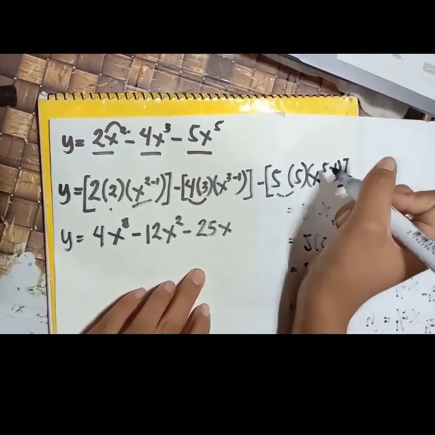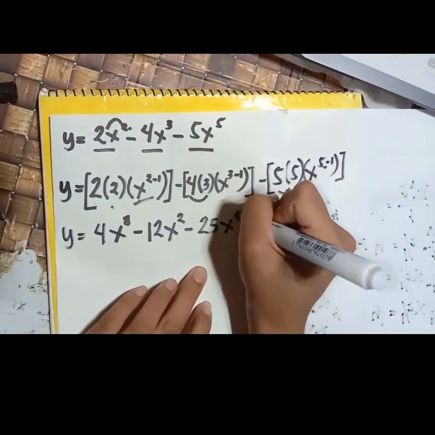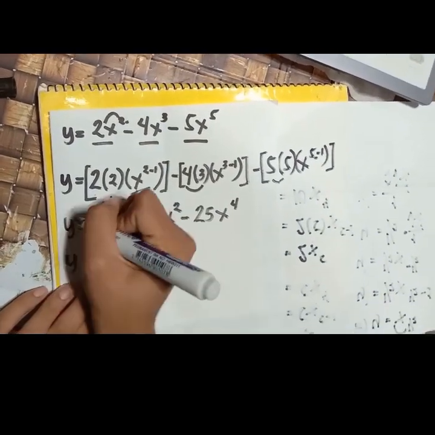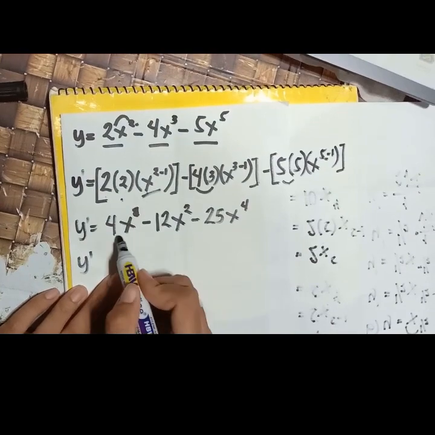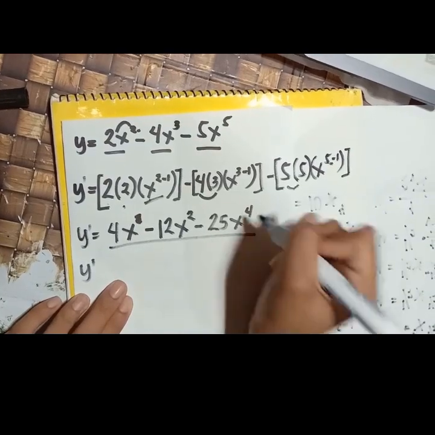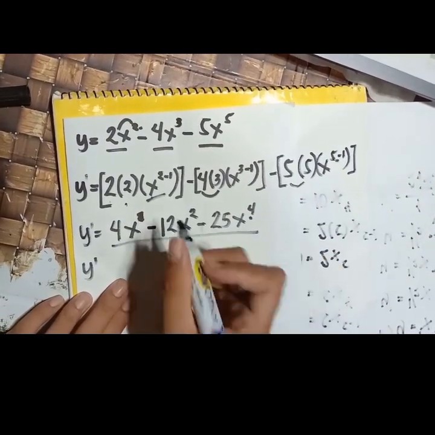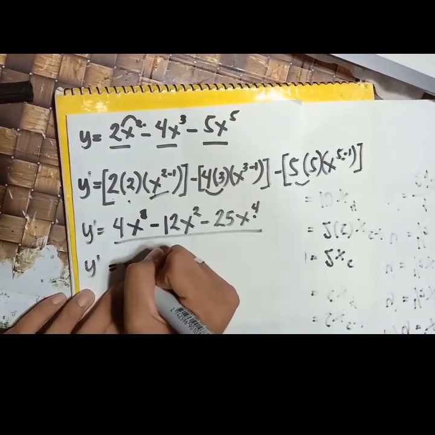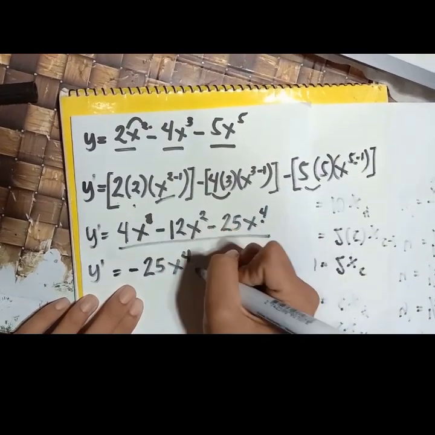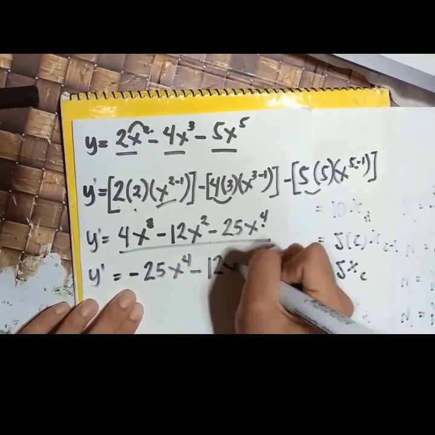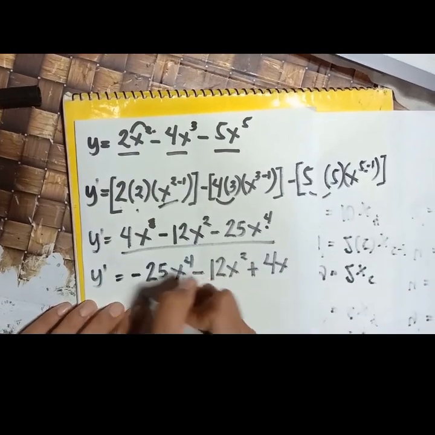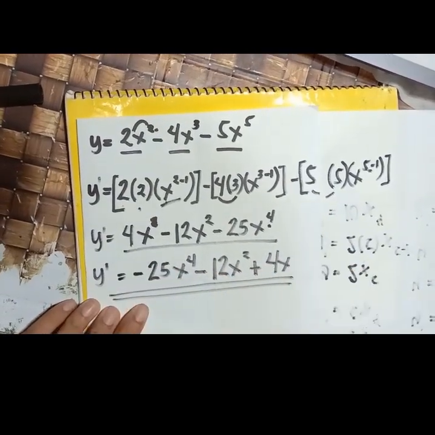Then x raised to 5 minus 1 is 4. For the better answer, let's just rearrange the answer from the highest exponent to the least. So, it will become negative 25x raised to 4 minus 12x raised to 2 plus 4x. So, it will be the final answer.